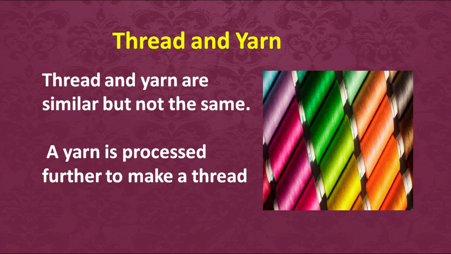Now learners, there is one thing I want you to do. I'm sure at home you use threads. You have learnt a lot about yarns today. There is thread that we use for sewing, whether in a sewing machine or by hand. So threads are also yarns, but they are highly processed, very fine, very even, and very strong.